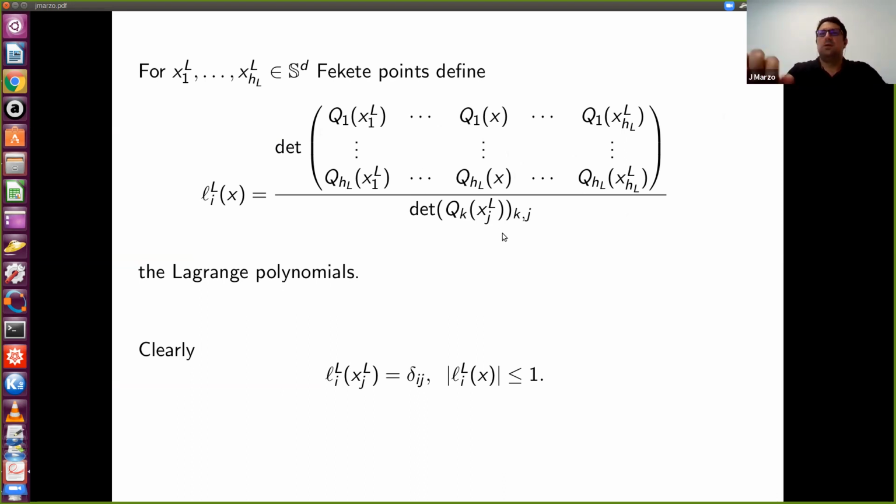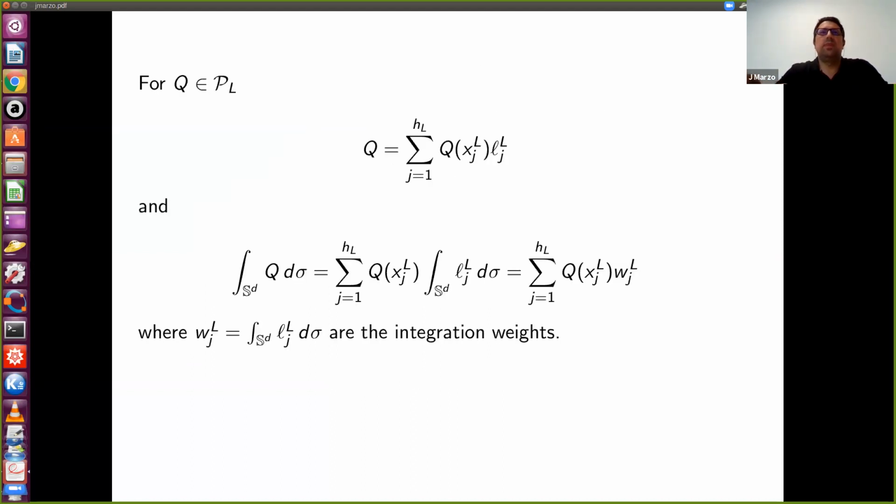Okay, so you have these very nice polynomials, and now I'm going to define the quadrature rule. For this, the observation is that if you take any polynomial Q in P_L, then you can write Q in this form, because these two polynomials coincide in these x_j's, and they have the same degree, so these are equal.